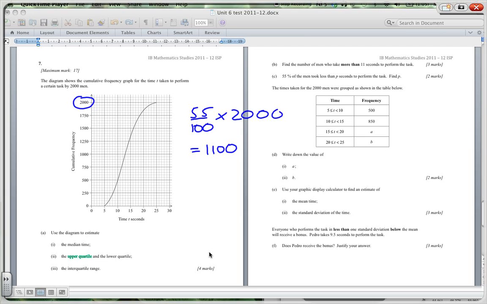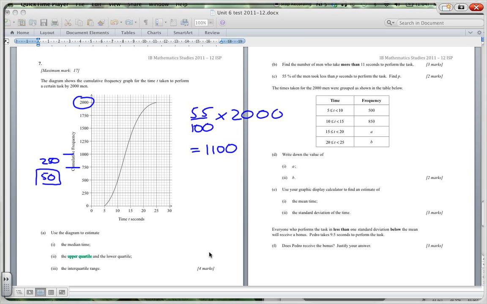Now, sorry, I think I may have made a slight mistake here before. This goes from 750 to 1,000, so this is actually 250. So each block is worth 50. Sorry about that, just correcting that from previously.